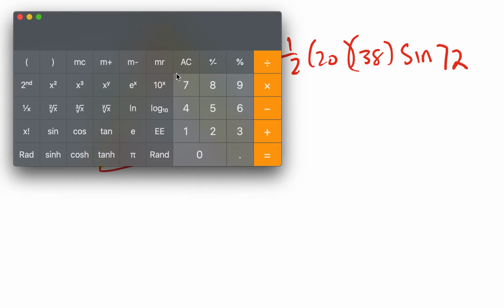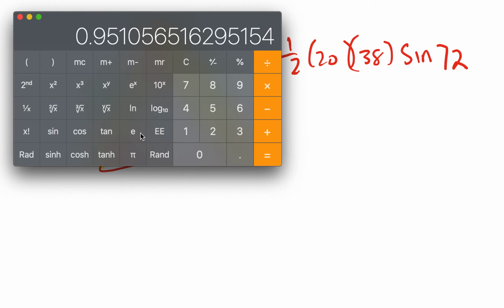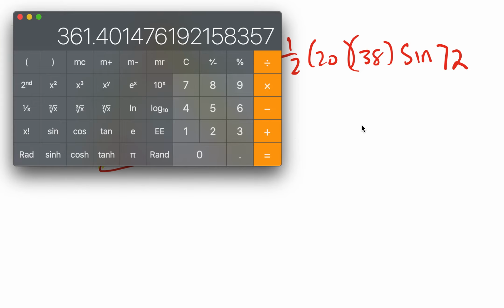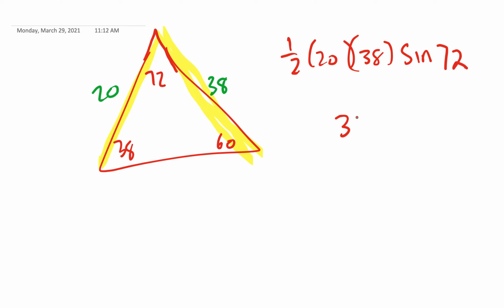So again, I'll clear it out, push 72. Those of you using an Android, you would put sine and then push the number 72, times 20 times 38 times 0.5, 361.4.